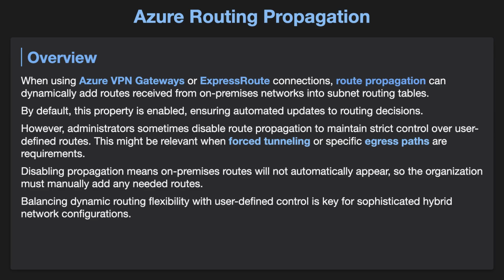This might be relevant when forced tunneling or specific egress paths are requirements. Disabling propagation means on-premises routes will not automatically appear, so the organization must manually add any needed routes. Balancing dynamic routing flexibility with user-defined control is key for sophisticated hybrid network configurations.